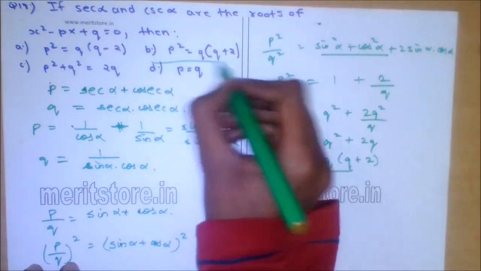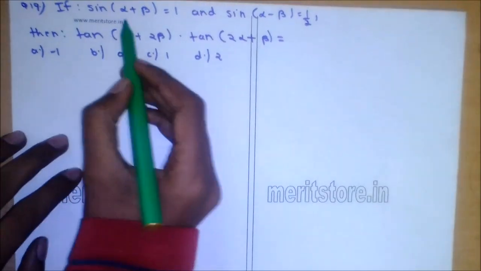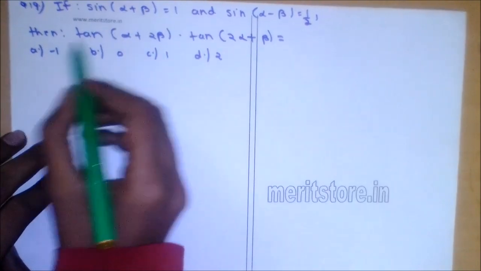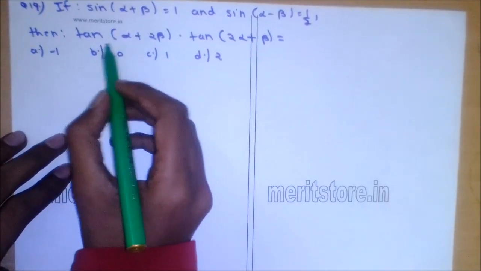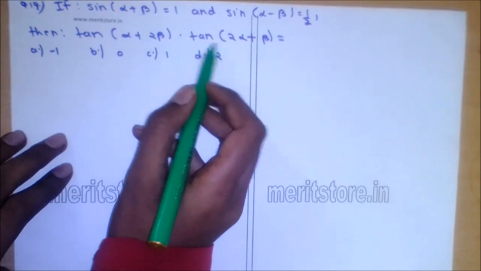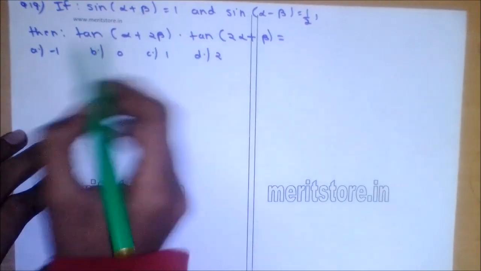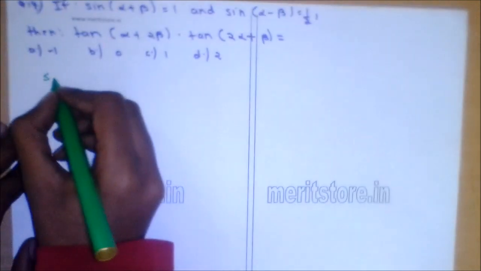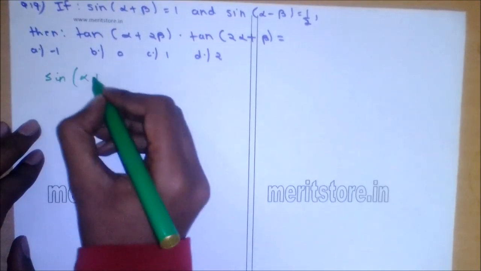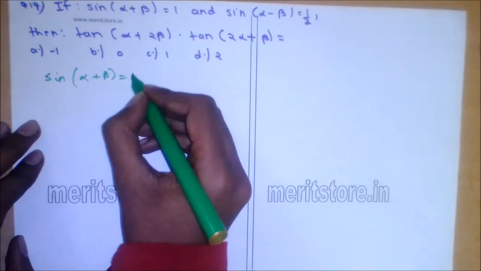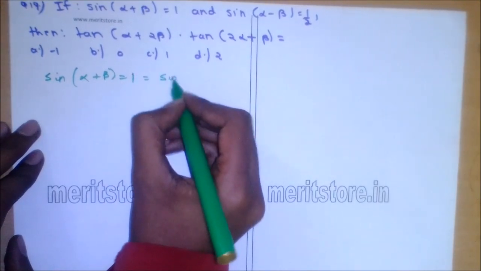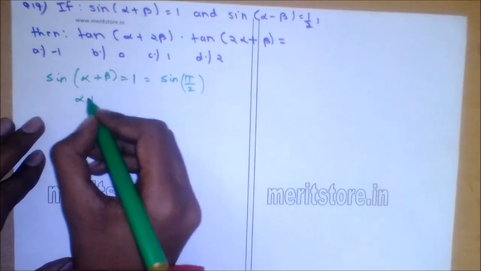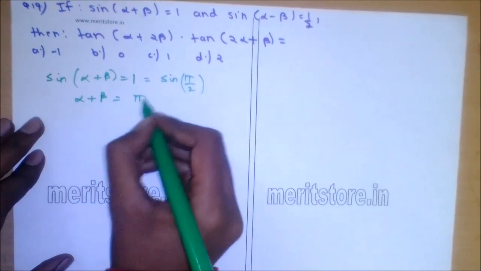which is option B. It is given that sin alpha plus beta is 1 and sin alpha minus beta is half. We have to find the value of tan alpha plus 2 beta into tan 2 alpha plus beta. The options are -1, 0, 1 and 2. So first, sin alpha plus beta is 1, but 1 is equal to sin pi by 2 radians. So therefore we can say alpha plus beta is pi by 2.